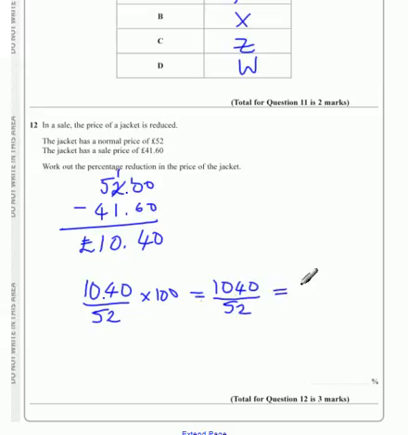So we can half both of these, so that's going to be 520 out of 26. We can half those again, so half of 52 is going to be 260 over 13. And then 13 goes into 26 twice, with the extra 0 there. It's going to give us 20% reduction.